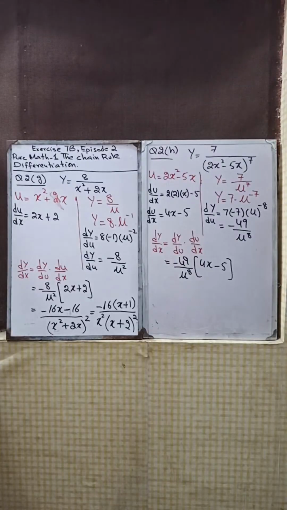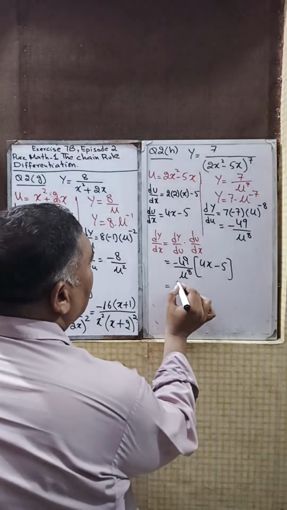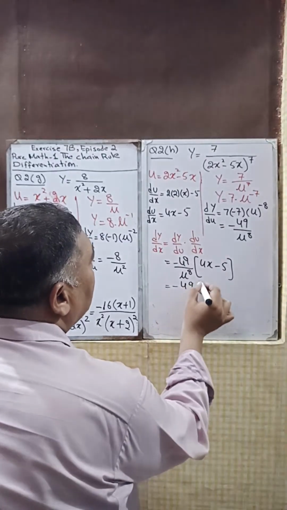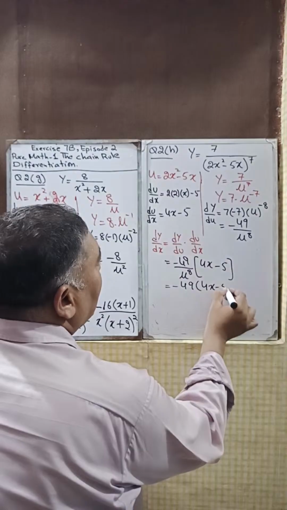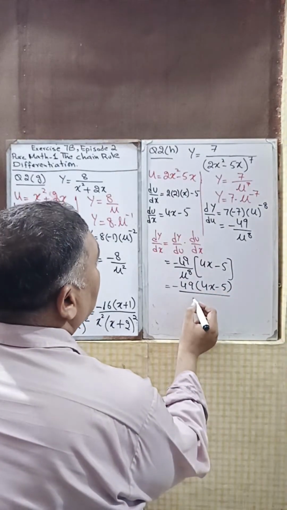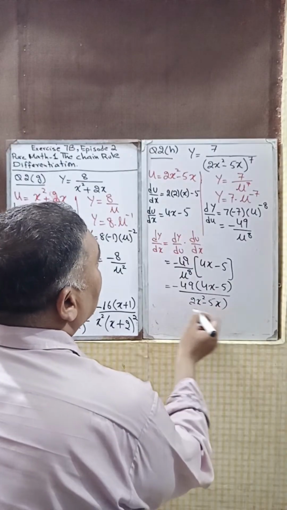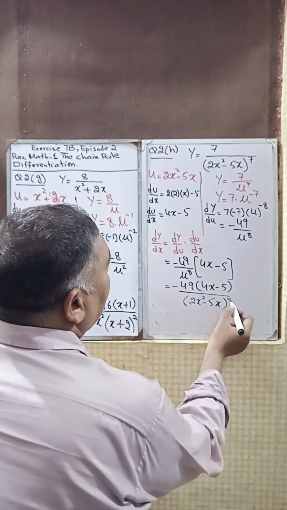The u value is 2x square minus 5x. So it will become minus 49 bracket 4x minus 5, and the u will be 2x square minus 5x, whole thing raised to power 8.